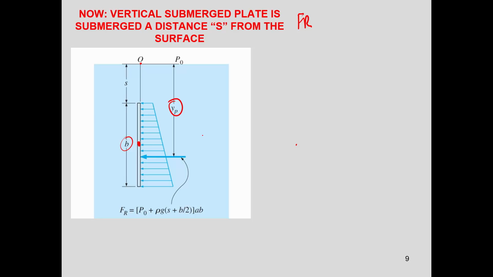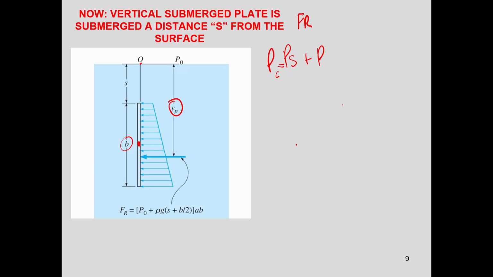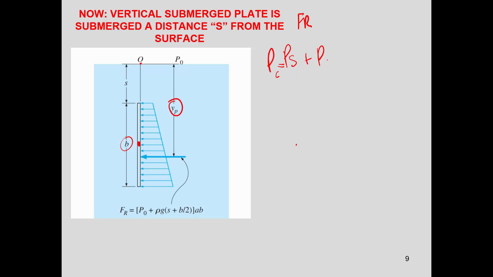The pressure at the centroid of the plate would be the pressure at S plus the pressure at a distance B over 2.